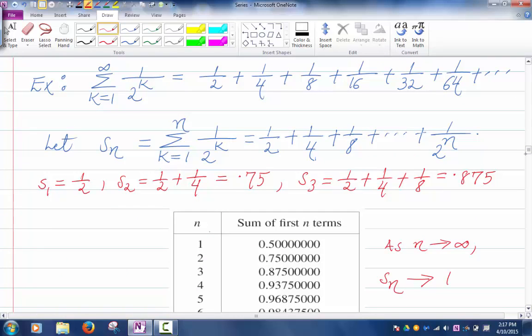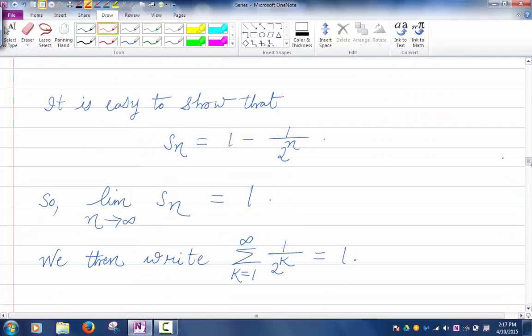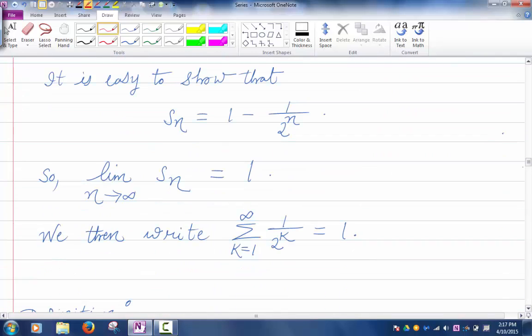Okay, in this case, Sn is again a half plus a fourth plus a 1/8 plus up to 1 over 2 to the n. Now, I can show that Sn can be written as 1 minus 1 over 2 to the n. How did I get there? I'm not going to show the details here.